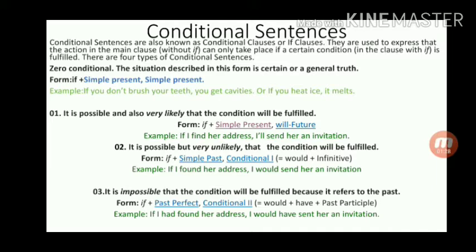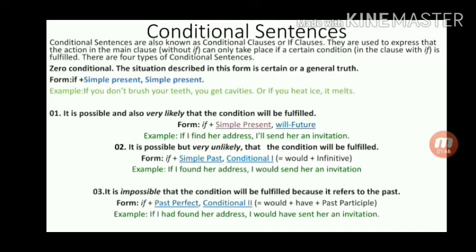The main clause may be "you will pass your exams." So in the if clause the condition is put, while the main clause tells you the result of the condition.